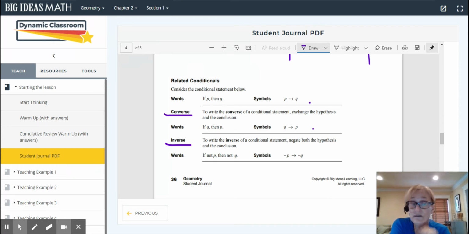Now we have an inverse, which means the negation of your original. So you negate. Here you exchange, here you negate. So instead of saying, if the door is unlocked, you would say, if the door is locked, because that's the opposite of unlocked.